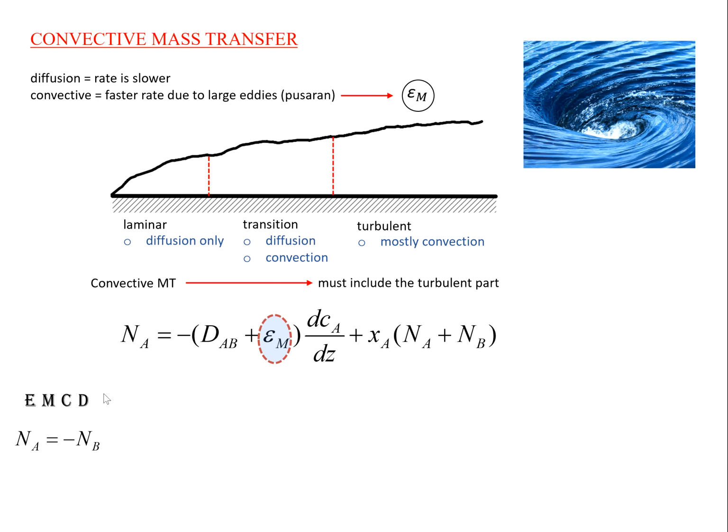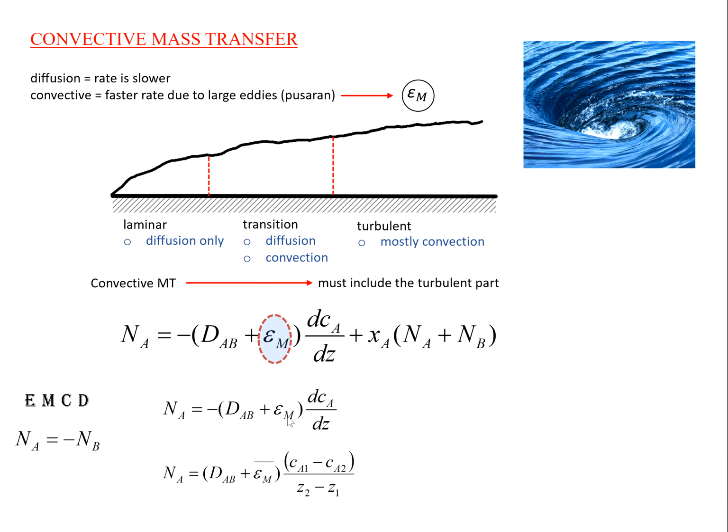For EMCD, by definition, the molar flux of component A is equal to the molar flux of component B in the opposite direction with the same magnitude. Because of this, you can further simplify the general equation, but of course, you should maintain the eddies.